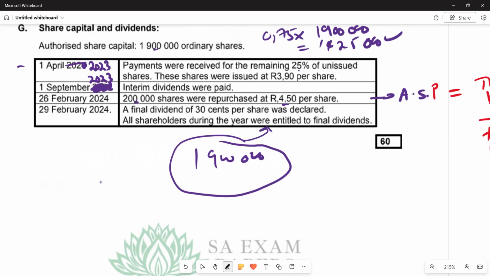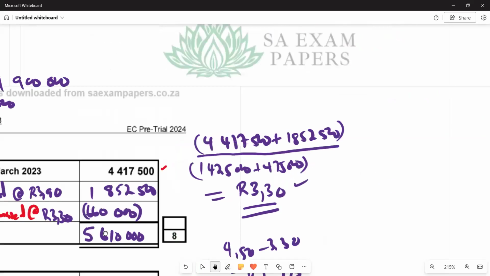So we're going to multiply this 1,900,000 times 30 cents, which is 0.30, to get the value of our final dividends. The answer that we are going to get there is 570,000. So this is going to be your final dividend.